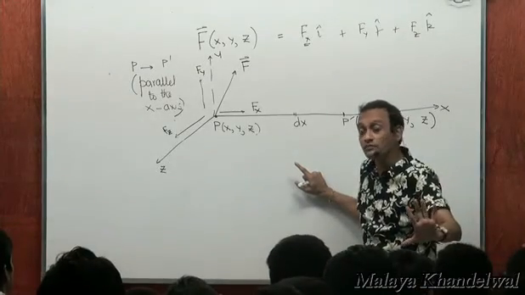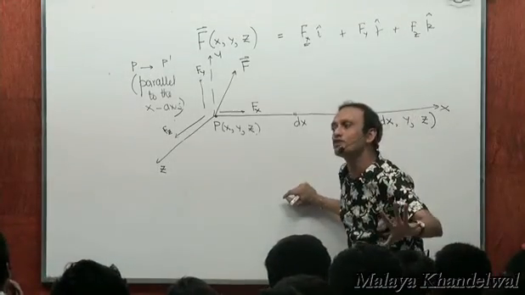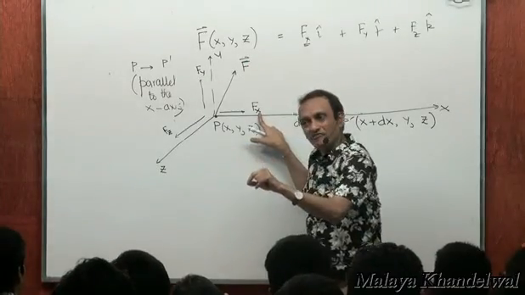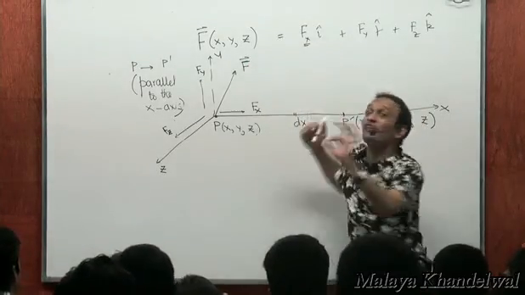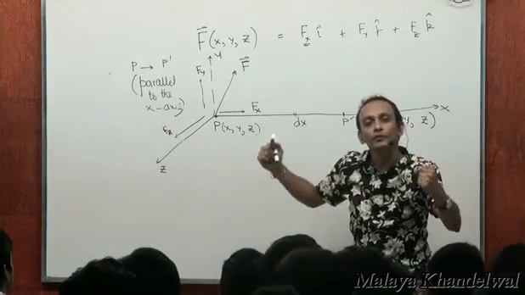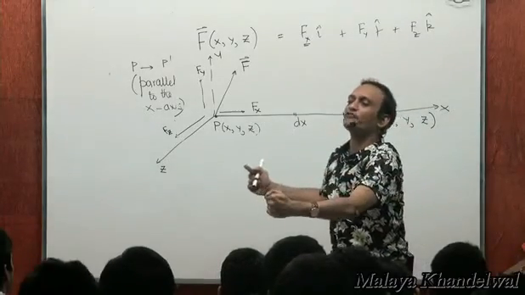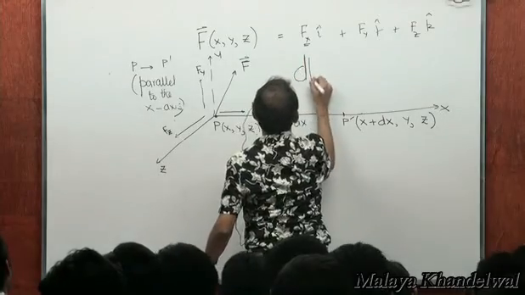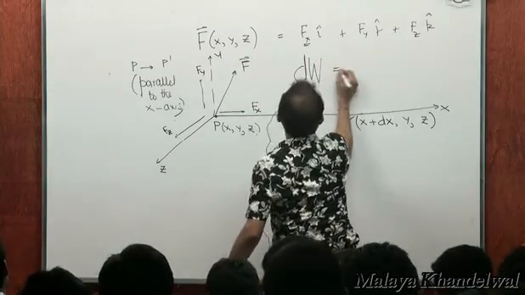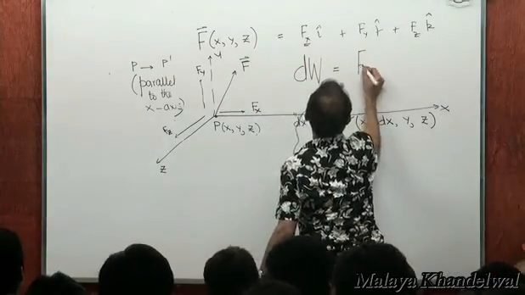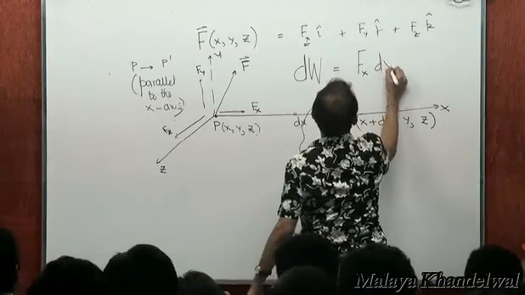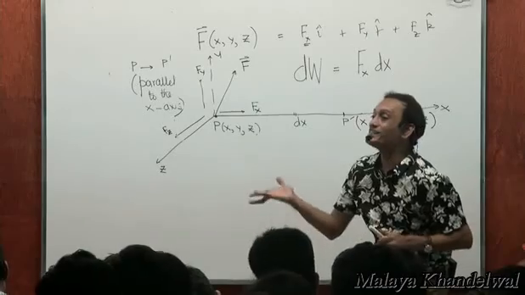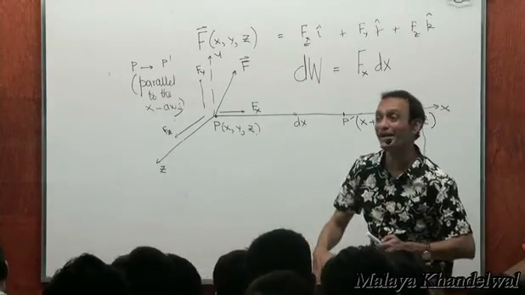So if I have to commit to the total amount of work done by this force, then that's contributed only by Fx. So the total work done by the forces of the field, therefore, to have the particle migrate from P to P prime, would be Fx into dx, keeping y and z constant.